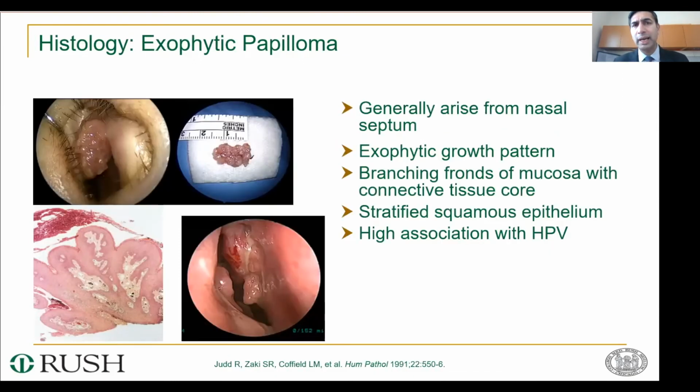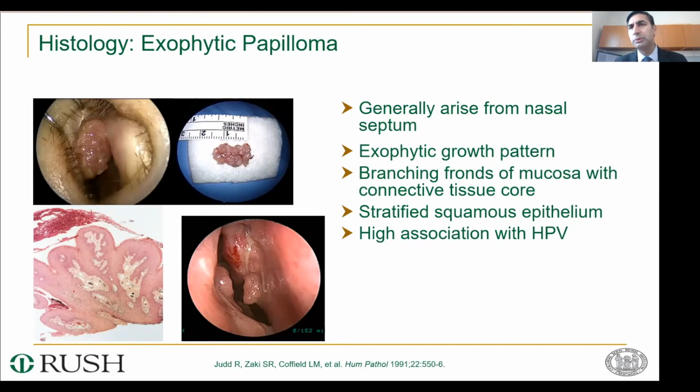So first, we have the exophytic papillomas. These typically arise on the nasal septum, as you see on the left-hand side here. You see this papilloma arising, and you see this has been excised. If you were to look at this histologically, you'll see this stratified squamous epithelium, and this is exophytic, arising outwards with a soft tissue connective core.